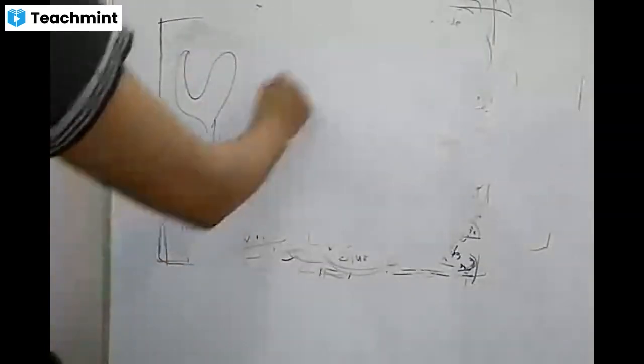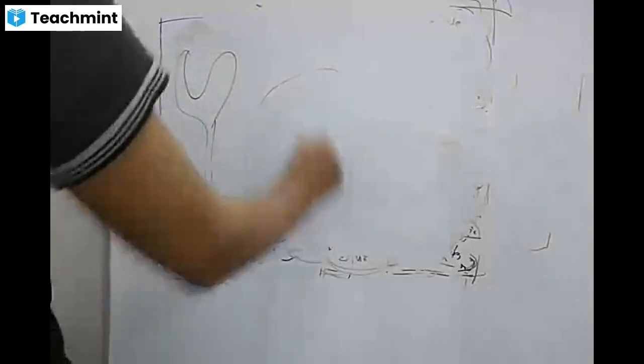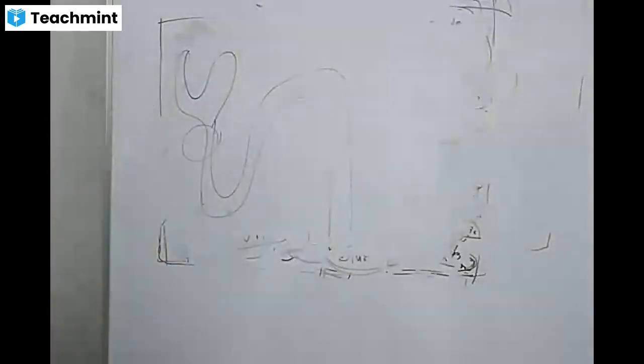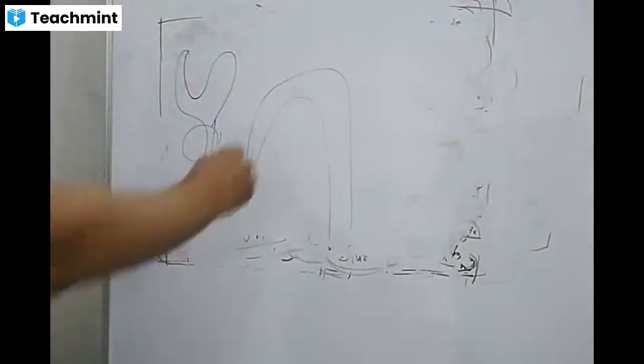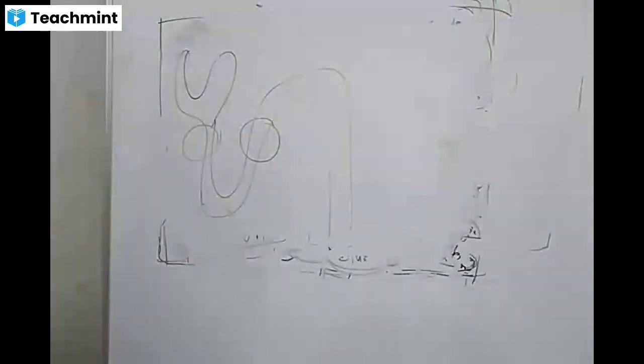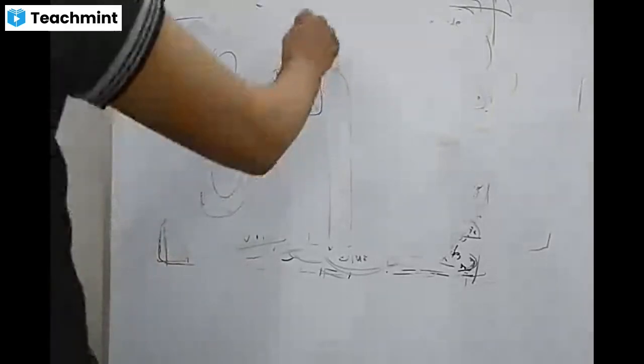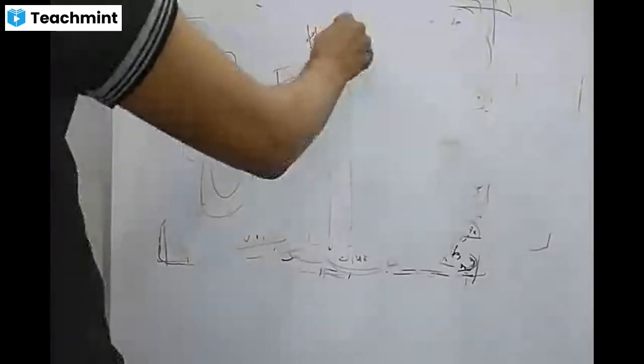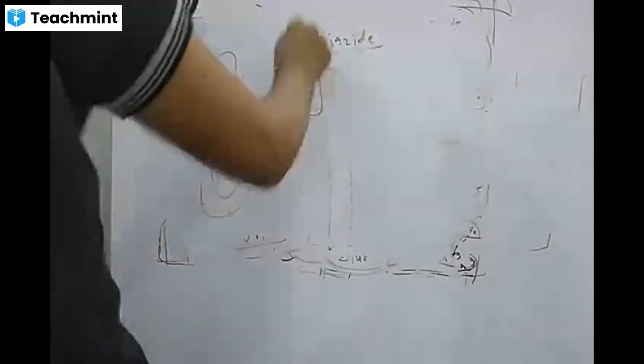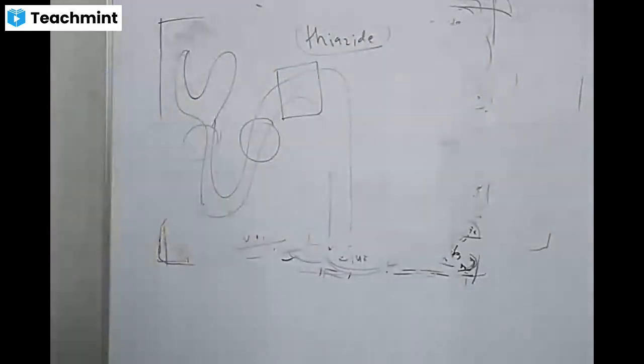So PCT has carbonic anhydrase inhibitors, then the thick ascending loop has loop diuretics, and in this part we have thiazide drugs.